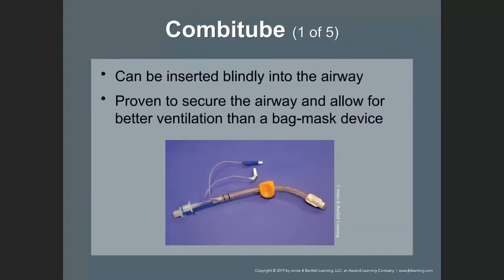The combi tube used to be popular, not very popular anymore. Used more in Canada than it is in the US. The combi tube can be inserted blindly into the airway. It's proven to secure the airway and allow for better ventilation than a bag mask device.